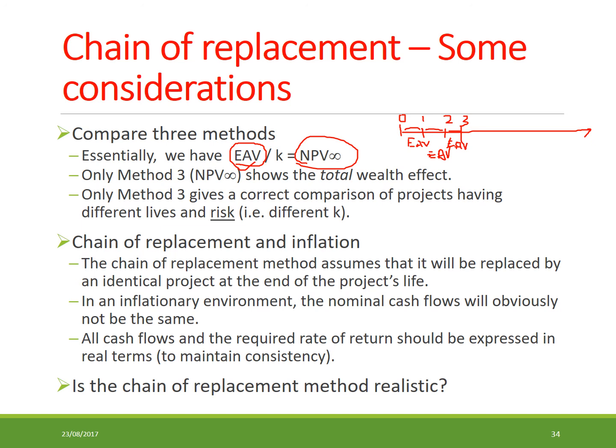For the NPV in perpetuity, it gives us the present value of this perpetuity, yeah? So suppose that we take the project in perpetuity, okay, and we calculate the EAV for each of the projects, for each of the repetitions that we do in the future.